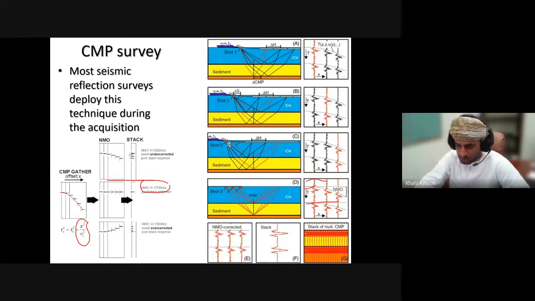So I need to remove this value. I need to subtract this term, x squared over v1 squared. So how can I subtract it? I need to find its value, and I can remove it from both sides. If I remove this from both sides, t at any offset will become similar to t at 0 offset.